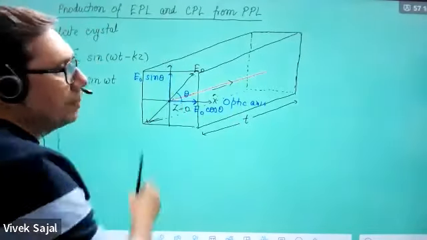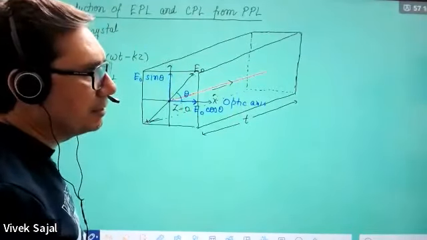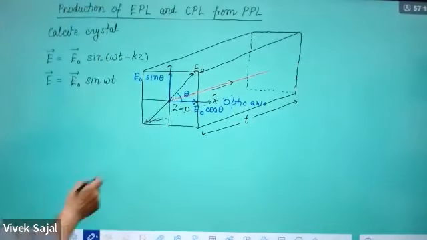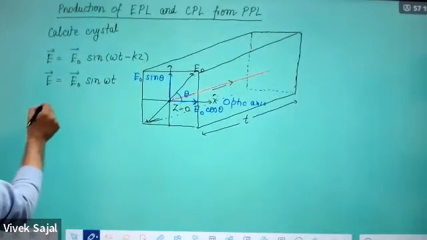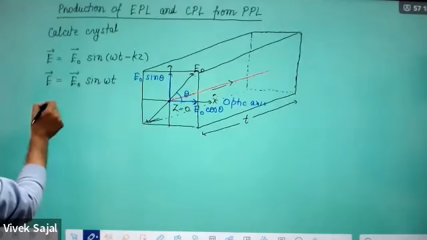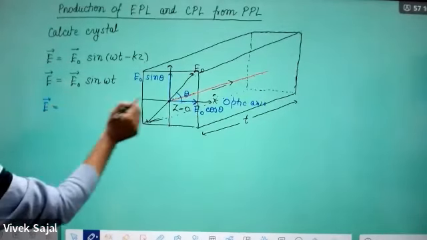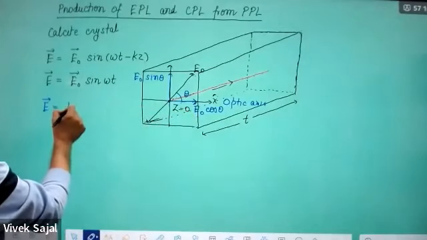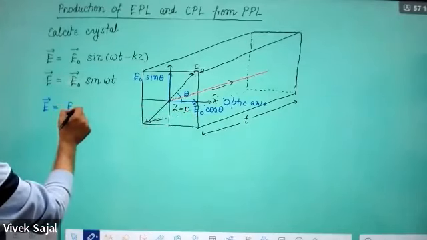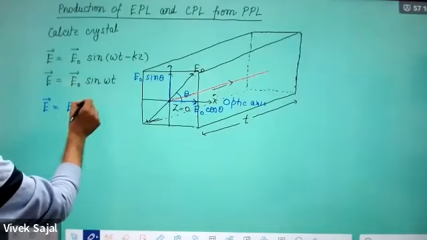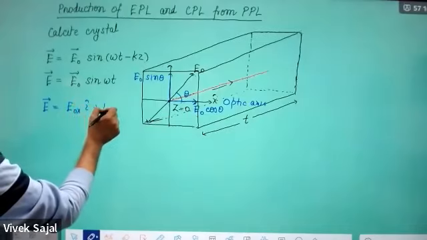Now, I can write this E vector, the incident plane polarized light, as E naught x component i cap plus E naught y.